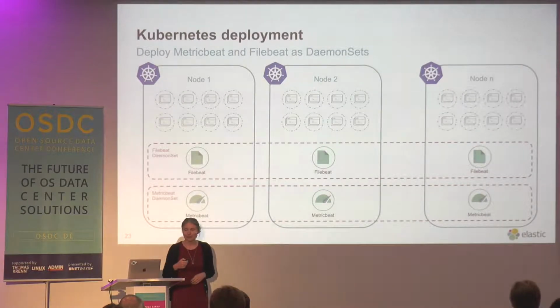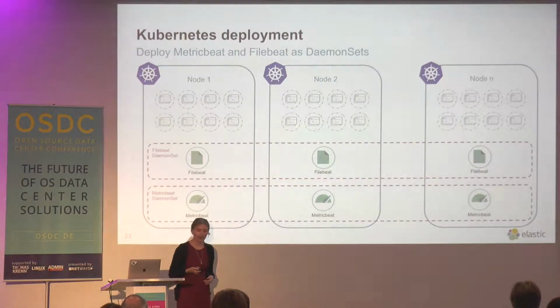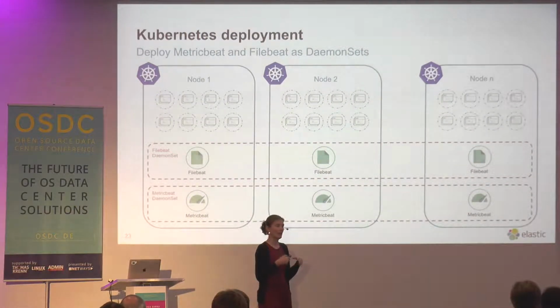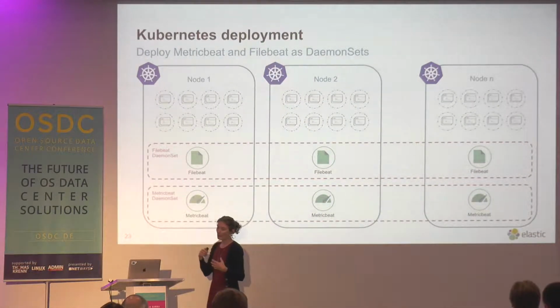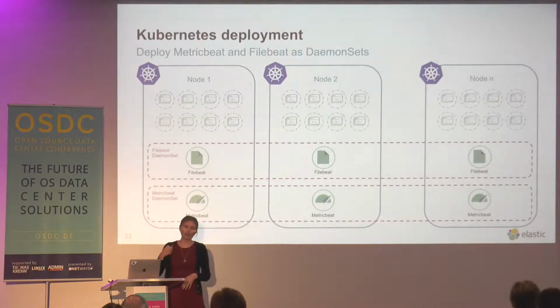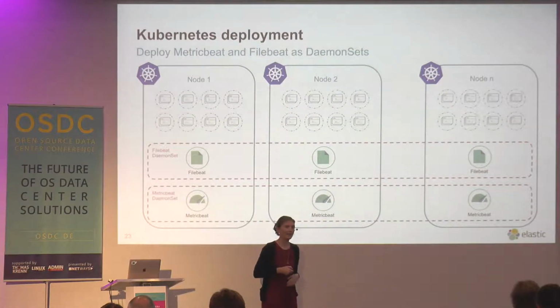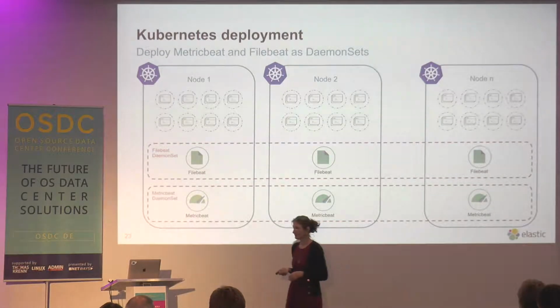From my point of view, this is a scalable solution because it pulls locally the data that monitors all the pods that are running on that node. So when you want to add more nodes, then you will basically need to install another daemon set with Filebeat and Metricbeat. And then that's it, right?